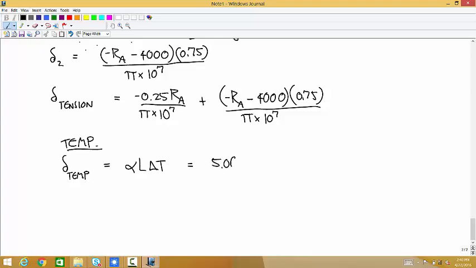So that's 5 times 10 to the minus 6 times the full length of the beam, 1, times the change in temperature, 50. And so you get 2.5 times 10 to the minus 4.